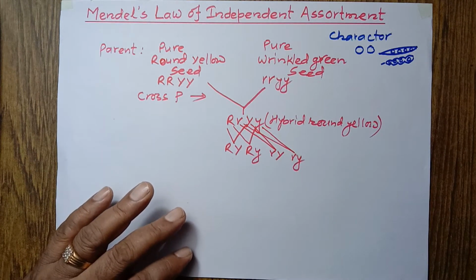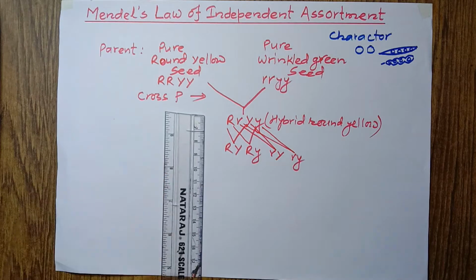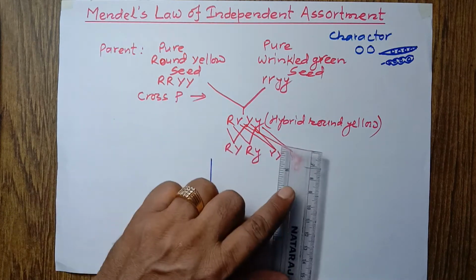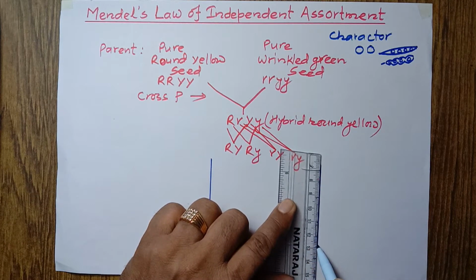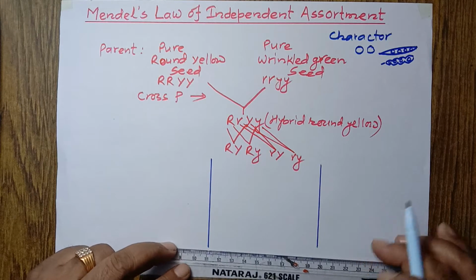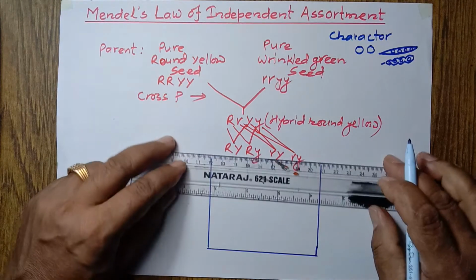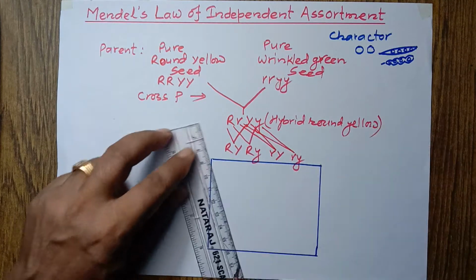I want to draw a table to represent this. If we make a table, I'm making this table for the second generation.